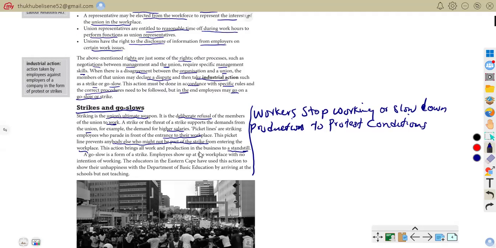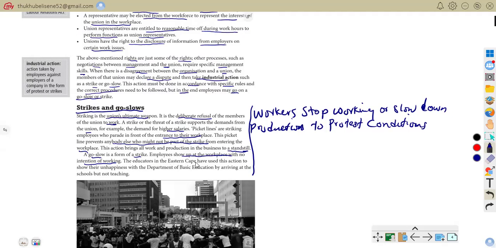When we talk about the strike or go slow, a go slow is a form of strike. Employees show up at the workplace with no intention of working. So with a go slow, they come to work, but as we've said, they are going to do the work very slowly, trying to make sure that production is affected.